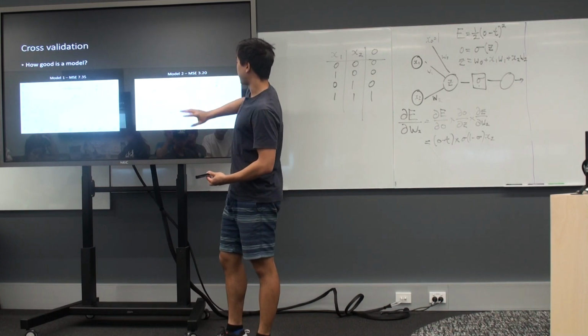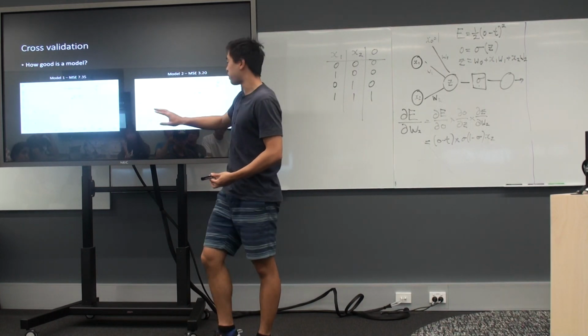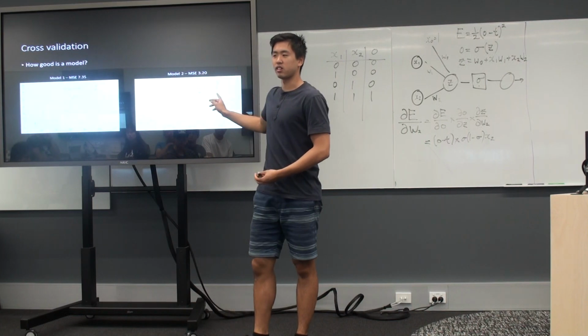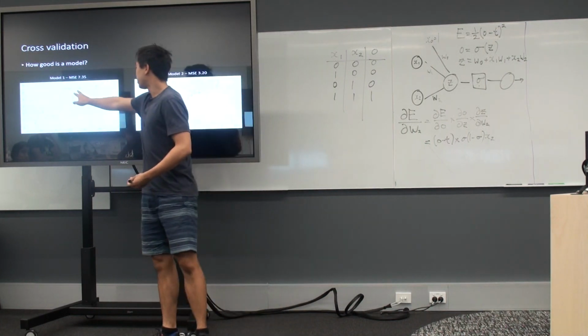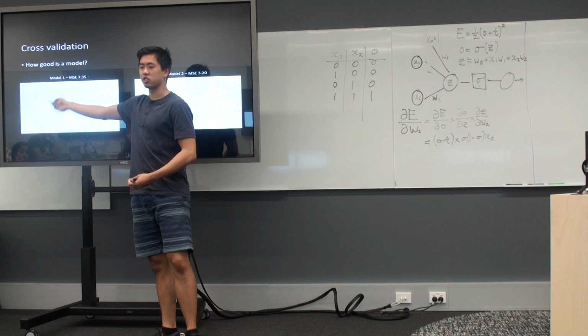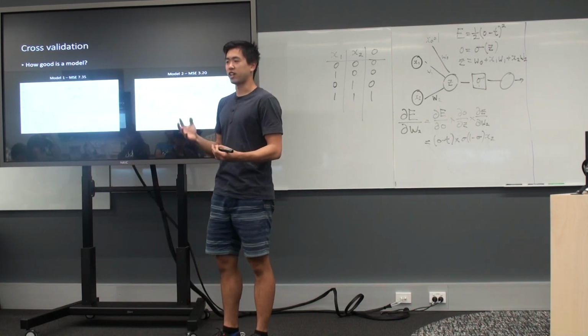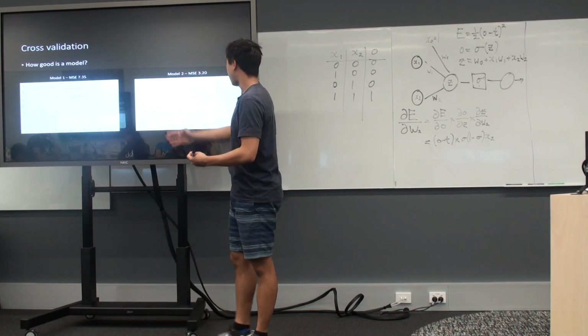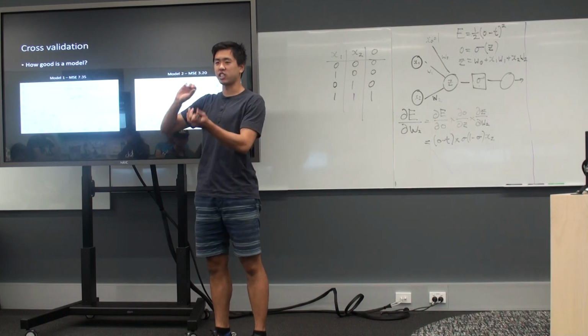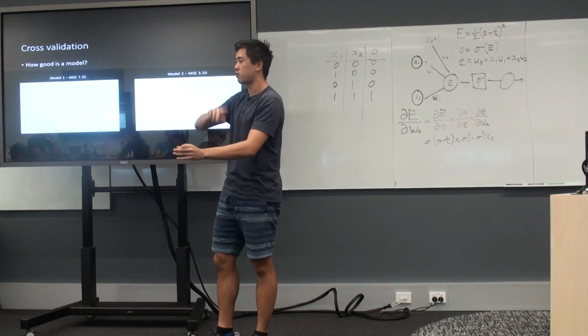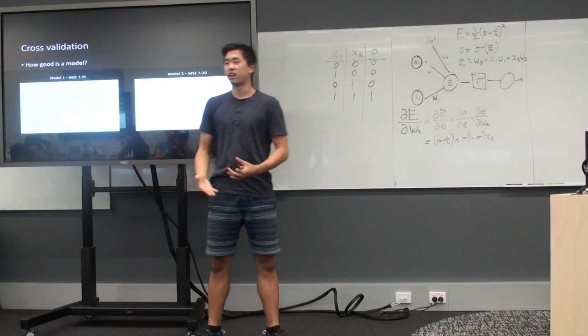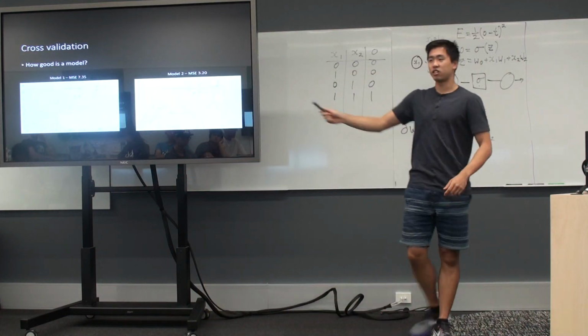With a more complex model, we can always make it look more like the data. Here I just have 2 parameters, the intercept and slope, so it's a fairly simple model. Here I have 6 parameters, and because I can tweak and adjust those 6 parameters, I can make it a lot more complicated and fit the data a lot better.